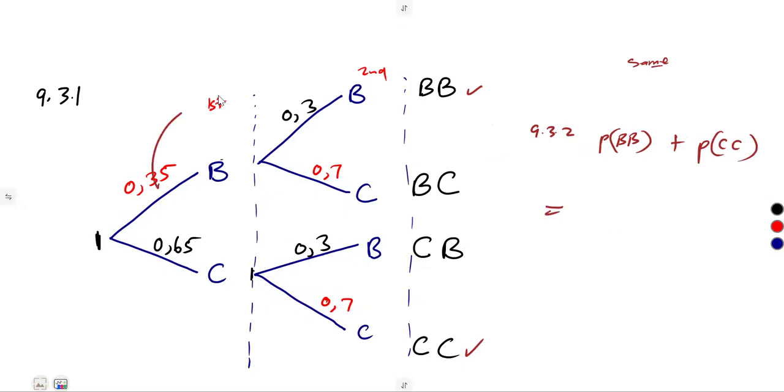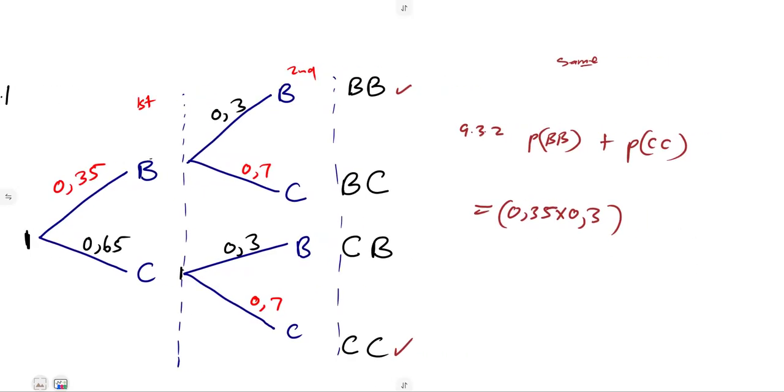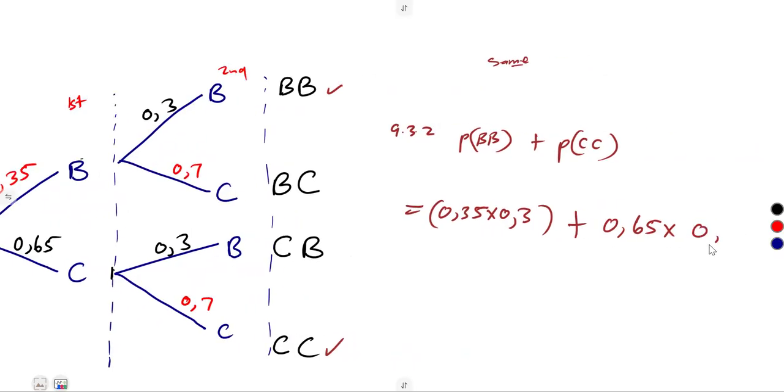So beef to another beef, you multiply along: 0.35 times 0.3. Then plus chicken to chicken: 0.65 times 0.7. Just like that, you're going to combine these.